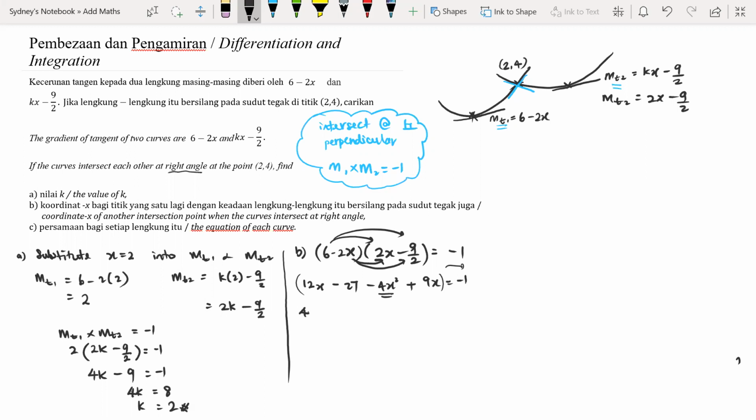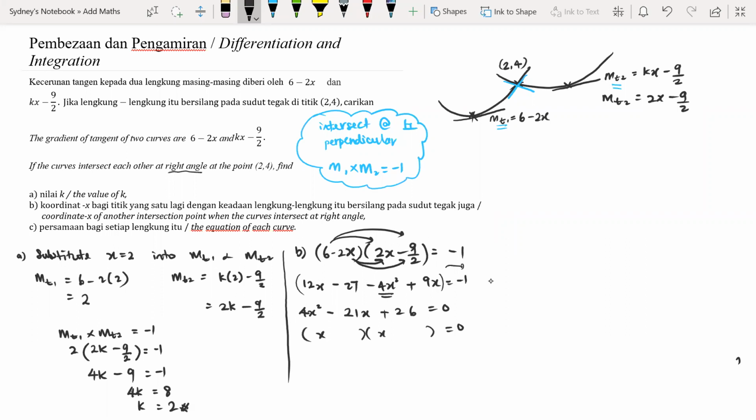So I will have 4x squared now. 12x and 9x is 21x, and after we bring it over to the other side, it becomes minus 21x. Then the -27, after we bring it to the other side, -1 plus 27, we have plus 26 equals 0.